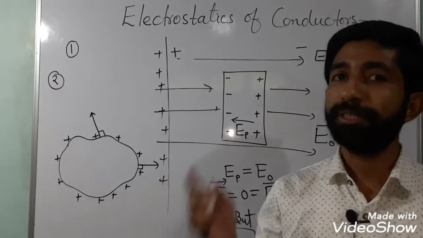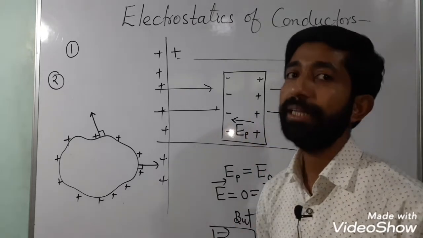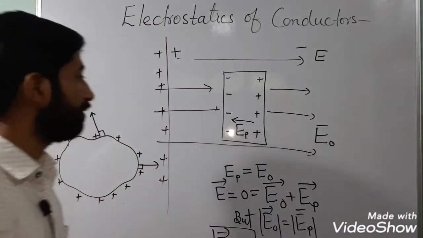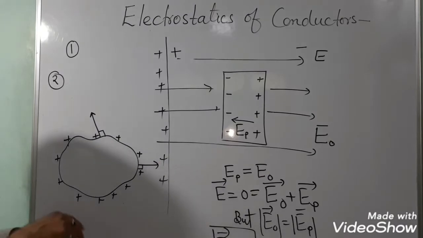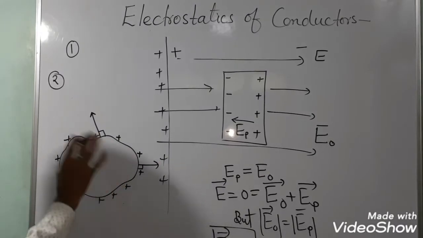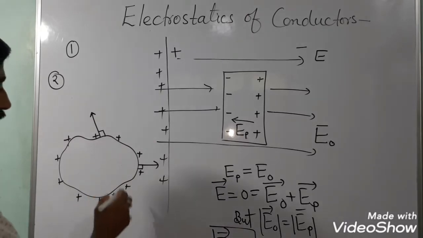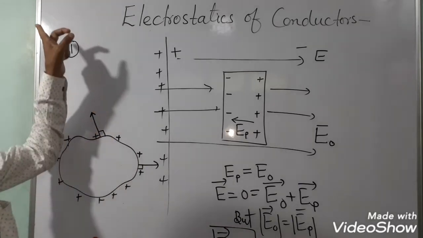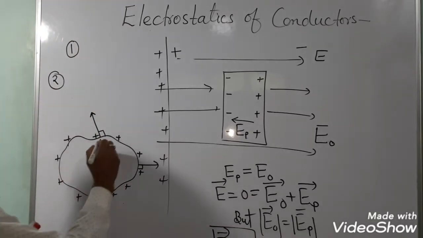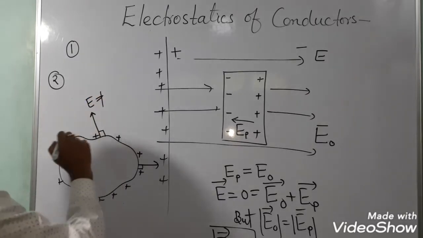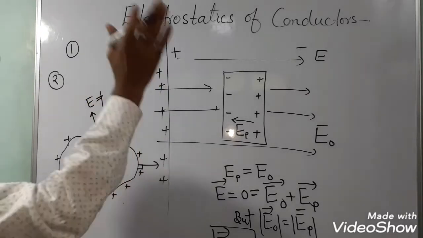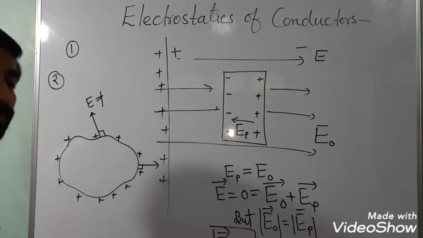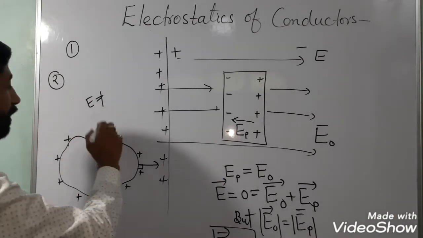Remember, these are the points we have to simply keep in mind so that we can apply them according to the situations. And for the derivations, you simply have to go through the book. I shall not be going into the derivations, as we have already proved that if the electric field is not this way, it means it is inclined at some angle, that is, the angle is not 90 degrees, then this electric field will have a component.